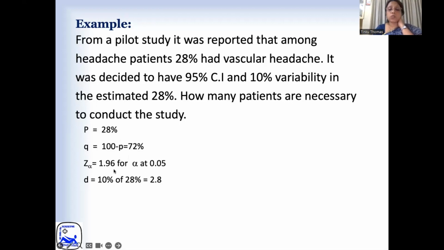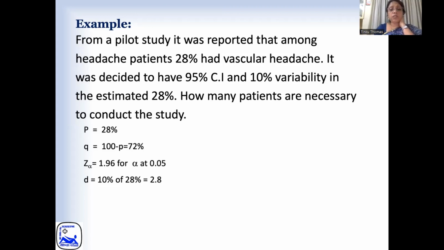That is kept standard. And I am permitting 10% variability in my estimate. That means my estimate can be lower or higher by 2.8%, 10% of 28.